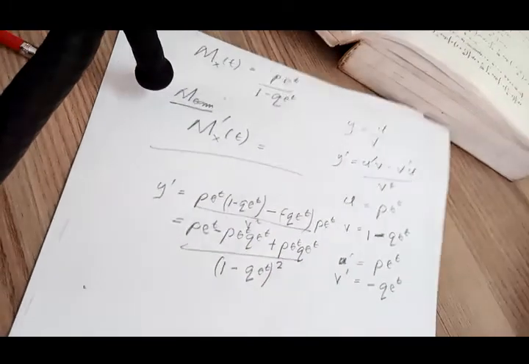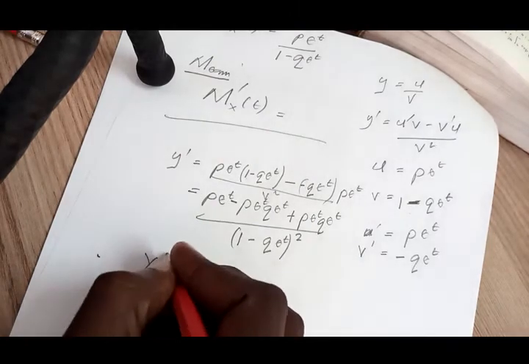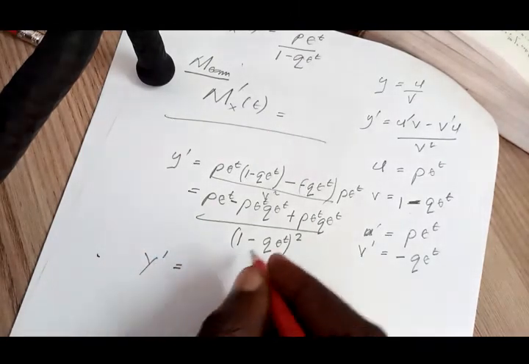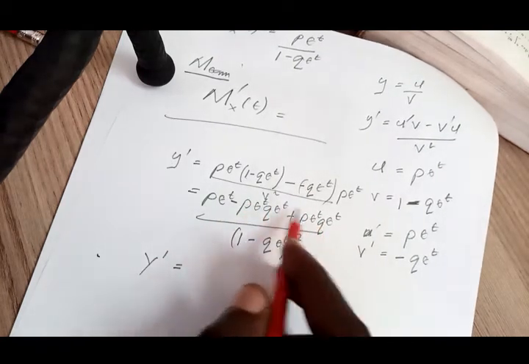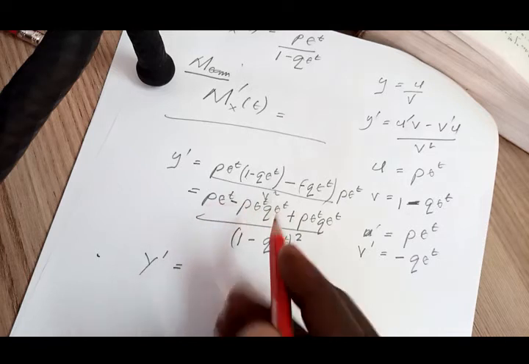So from here, if you check this part and this part, they are the same. This is negative, this is positive, so they disappear.